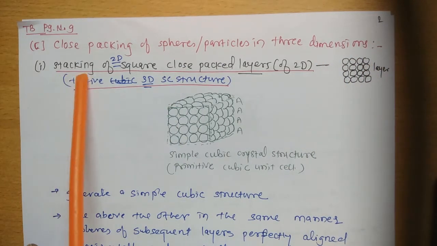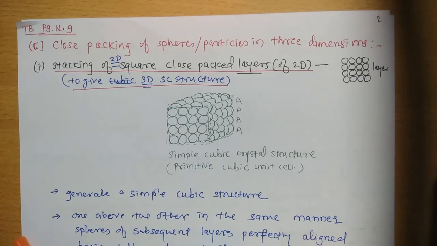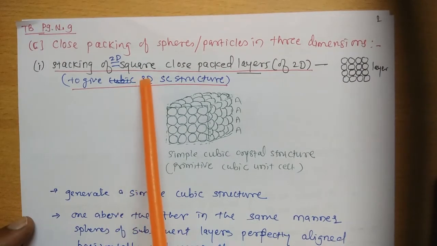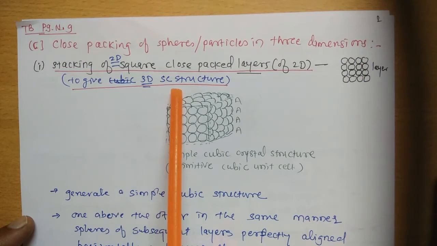Here it is called the stacking of two-dimensional square close packed layers, in three dimensions, to give a 3D simple cubic structure.